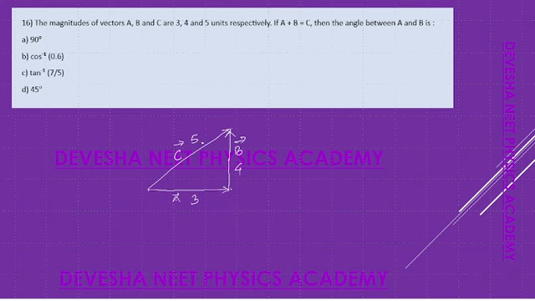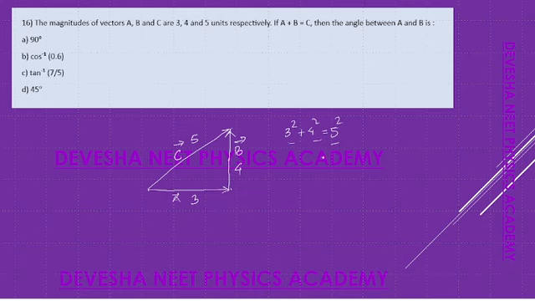Now, if you know the triplets of Pythagoras theorem, we know easily that 3 square plus 4 square is equal to 5 square. This is known to us, right?